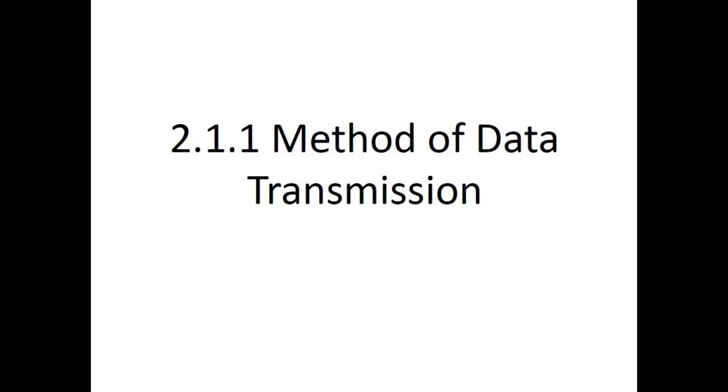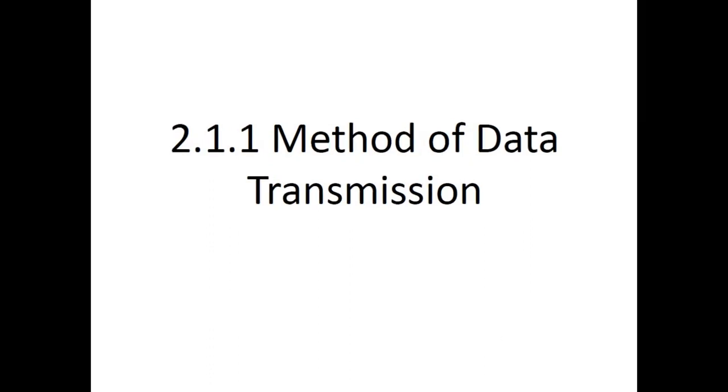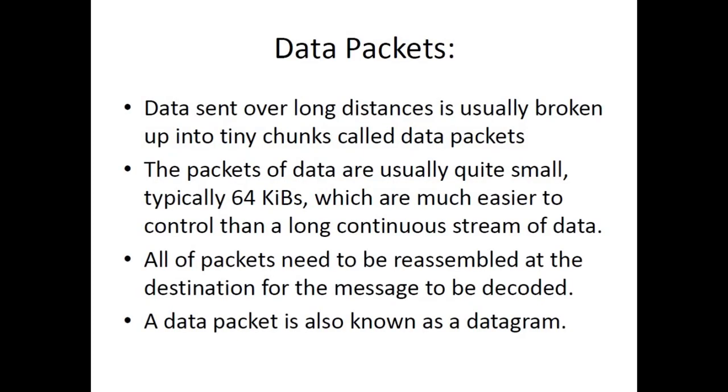Whenever data is to be transmitted, it is never transmitted in a continuous stream. Whenever data is to be sent over long distance, especially, it is usually broken up into tiny chunks or pieces called data packets. Why?